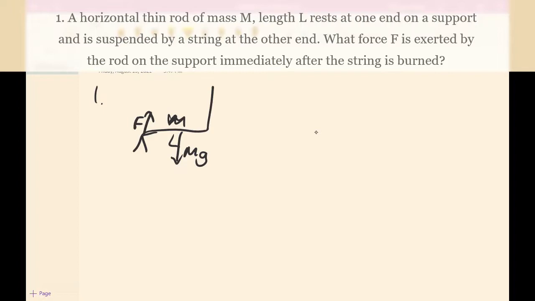Now we want to write our equations for this system. The first one is the equation for the total force. If we take the downward direction to be positive, then it's mg minus F is equal to ma, where a is the acceleration of the rod at this instant.